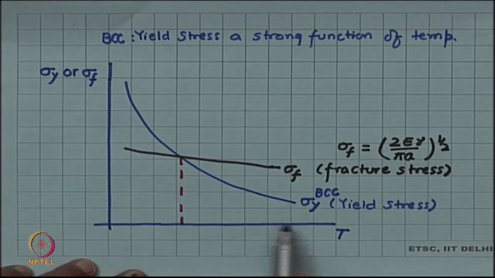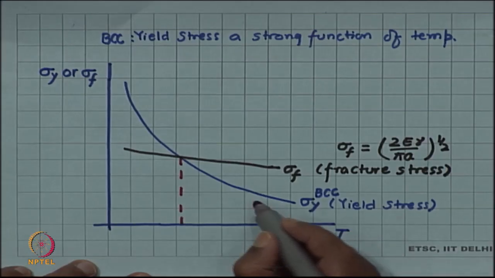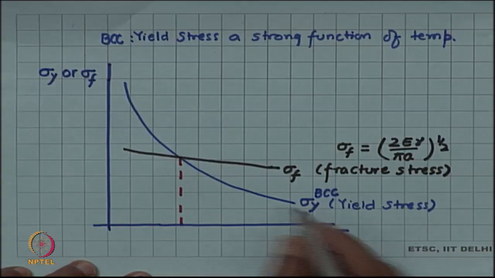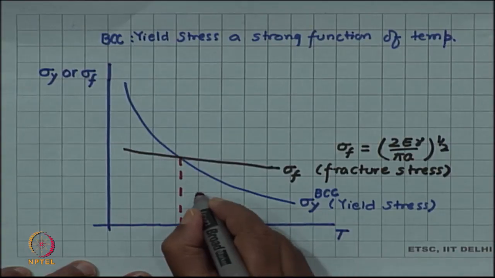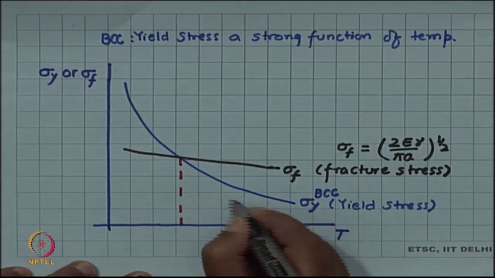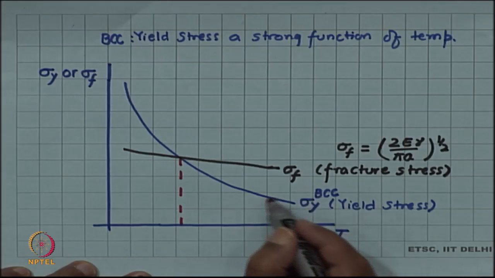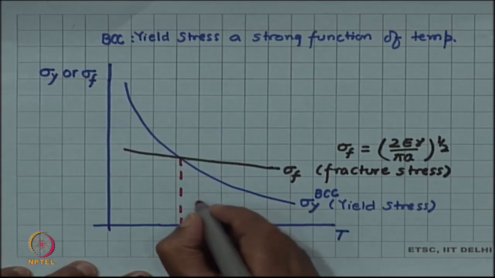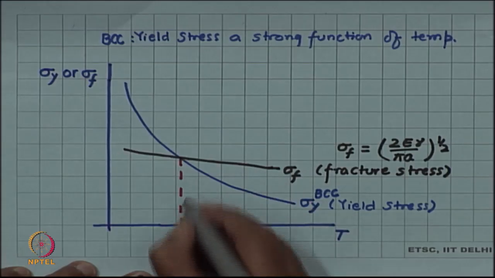On the higher temperature side, you see yield stress is lower than the fracture stress. So, here yielding will precede fracture. So, plastic deformation precedes fracture.